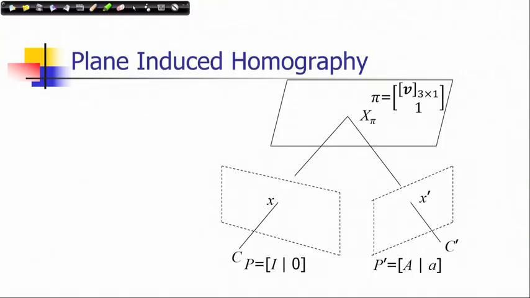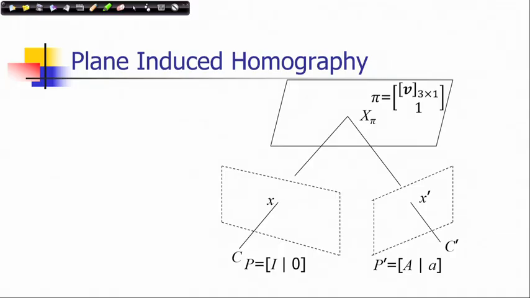So, take this particular scenario which has been shown in this diagram, that you have once again two cameras of projection matrices P and P prime. P is given by I 0, that is the projection matrix for the first camera, and P prime is given in this representation, capital A and small a.